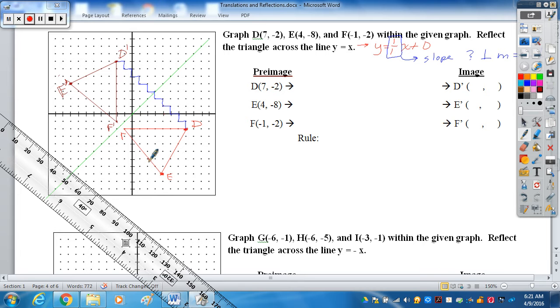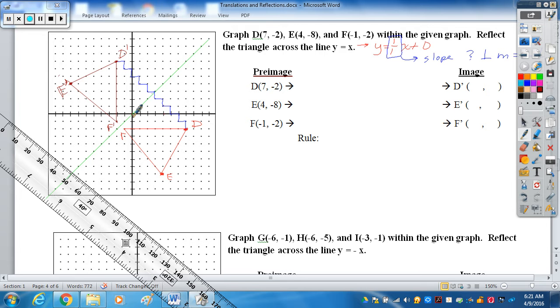Here I have 1, 2, 3, 4, 5, 6. Did I count that right? 1, 2, 3, 4, 5, 6. So yeah, you see it there, that it's another way you could do it. Same thing. Okay.